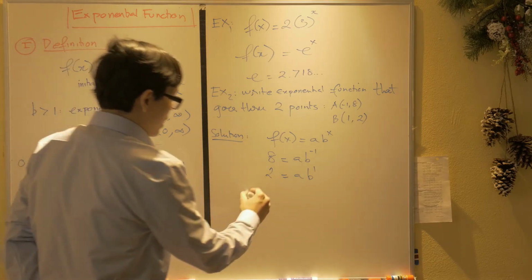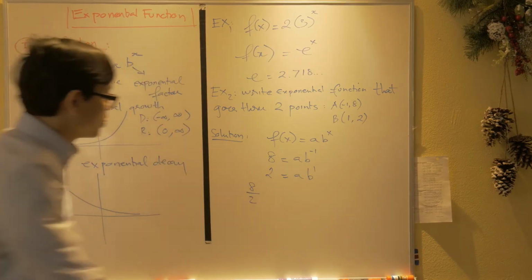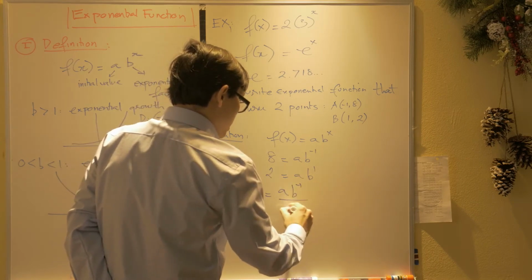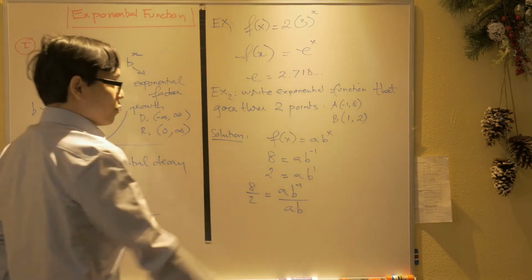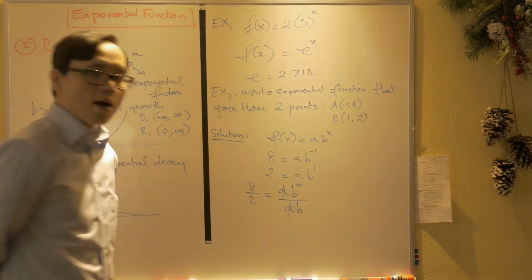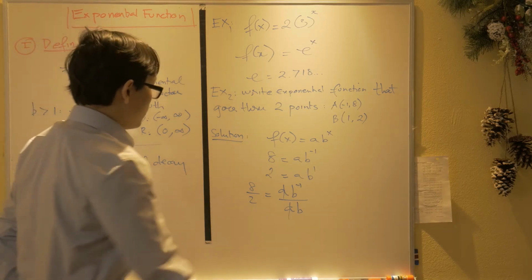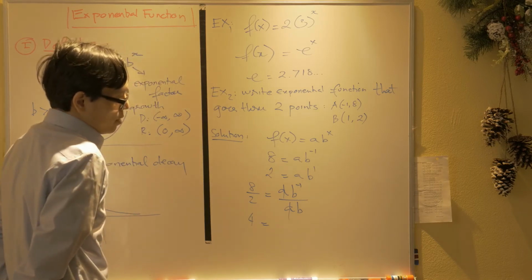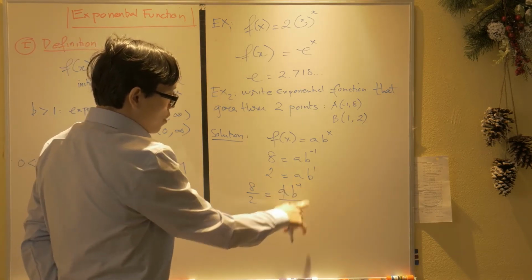So from here I get 8 over 2, I set the ratio, equal to a b to the negative 1 over a b to the 1. Then I cancel the a value because our goal is to get a and b, right? Okay. So 8 divided by 2 is 4, equal to b to the negative 1 over b.